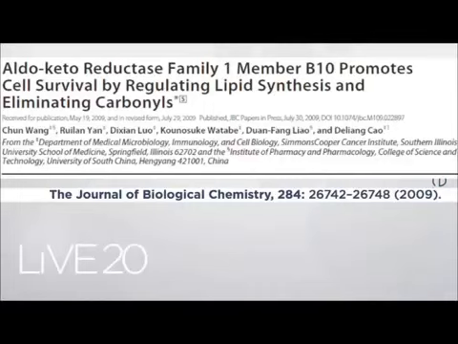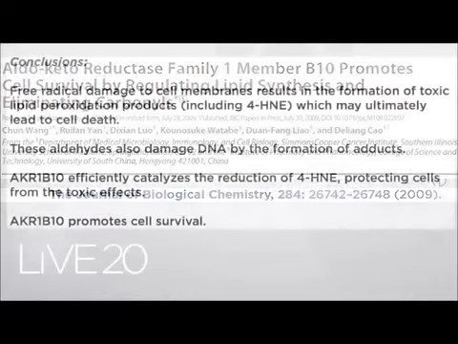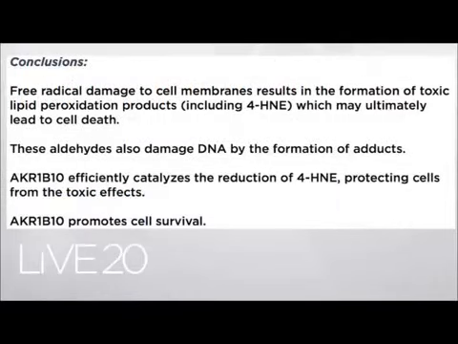And look at this title. This gene, AKR1B10, promotes cell survival, sounds good, by regulating lipid synthesis and eliminating carbonyls. Well, you may not know what carbonyls are, but carbonyls are related to T-bars, which you have heard before, lipid peroxidation products. The conclusion of these 2 papers is that this gene responds to free radical damage, which results in formation of toxic lipid peroxidation products.